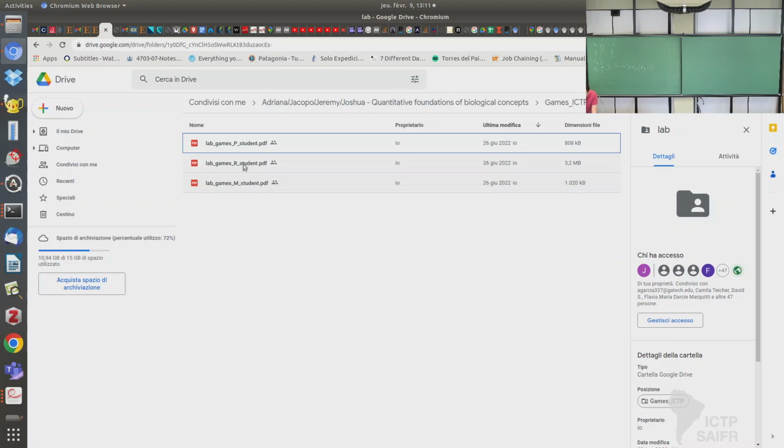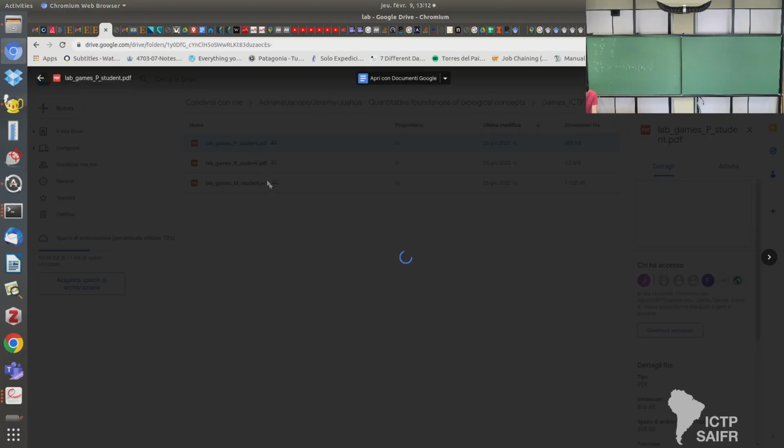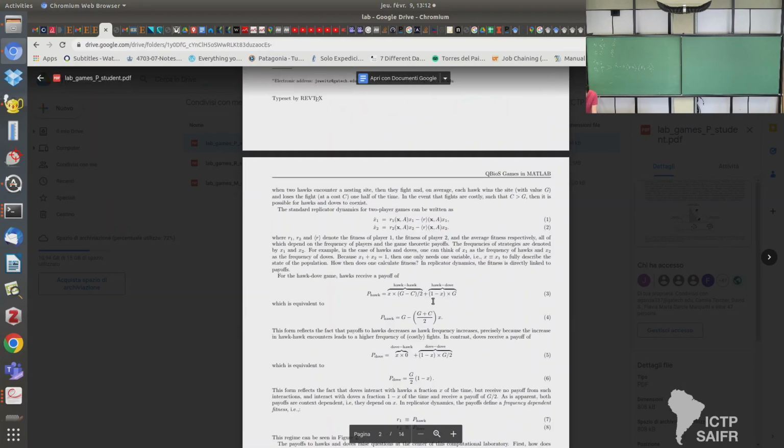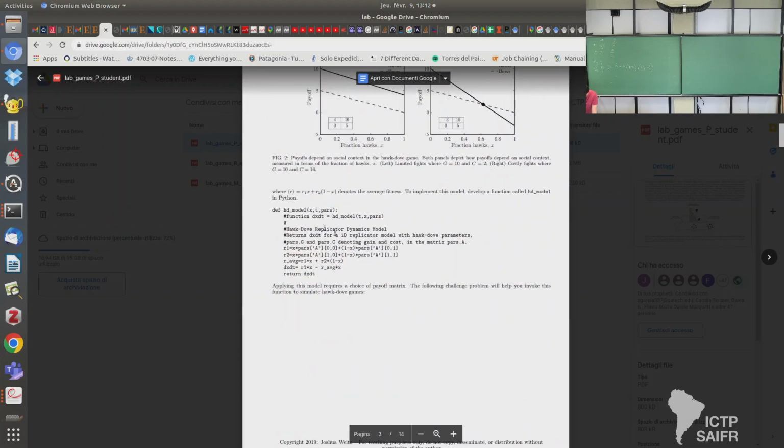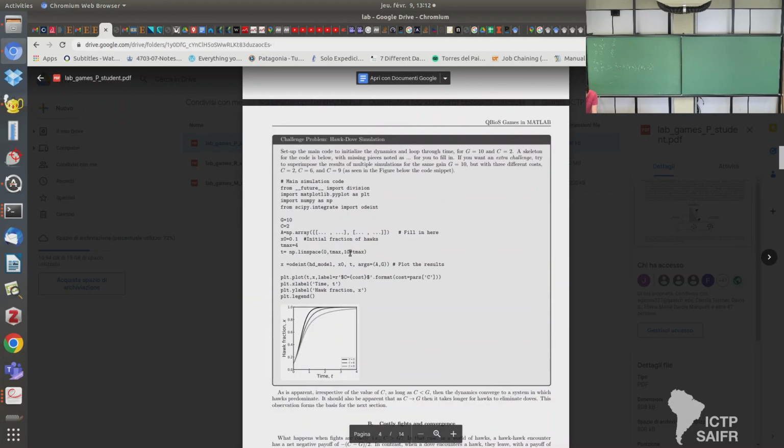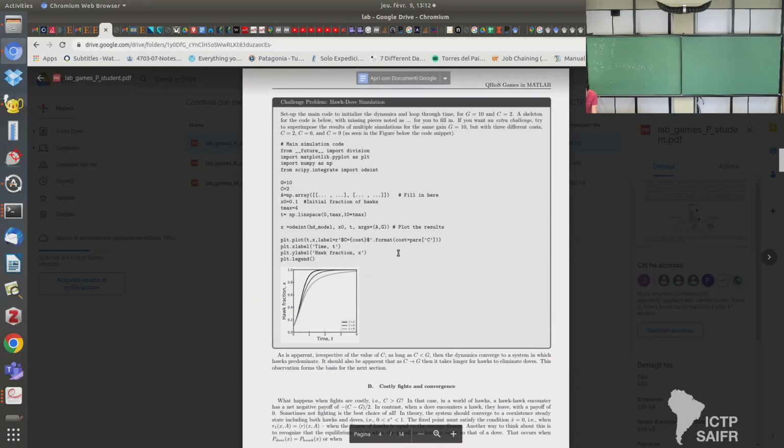These are the three handouts that I'm referring to. The one where there is written student. For instance, if you take the Python one, there are some snippets that you need to complete. It's not like you have to write a ton of code, which is why maybe it's better that you don't copy paste this from the PDF and you actually write it.